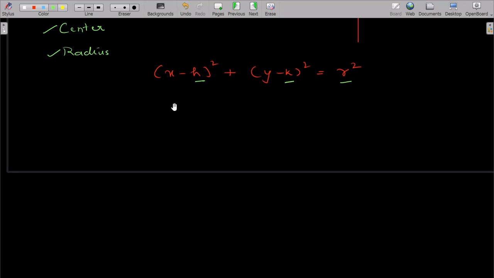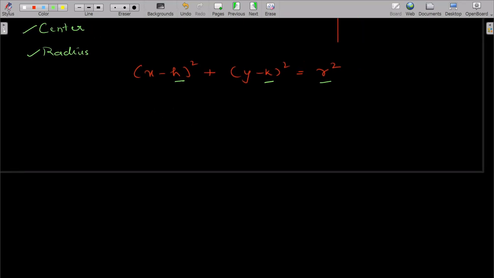You have to write the equation of a circle which is tangent to the y-axis and has center at (4, 3). First I need to ask you, do you know the meaning of the term tangent?